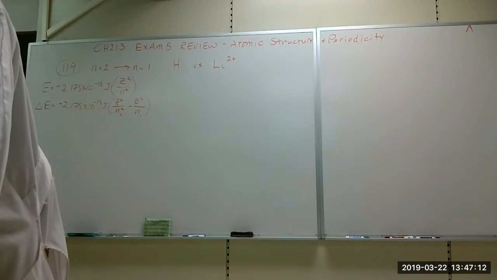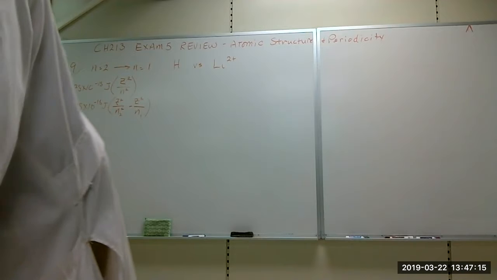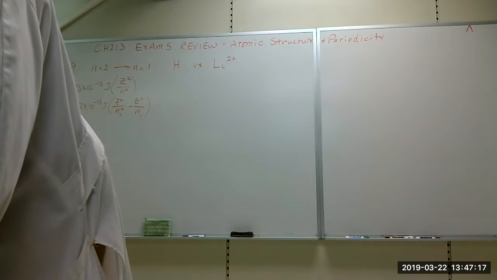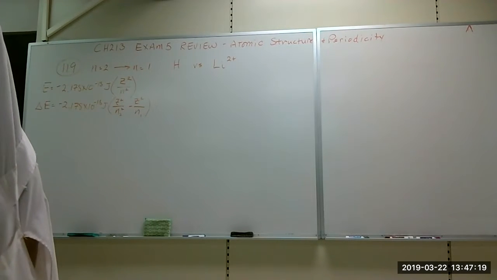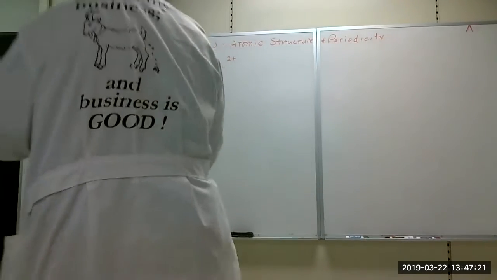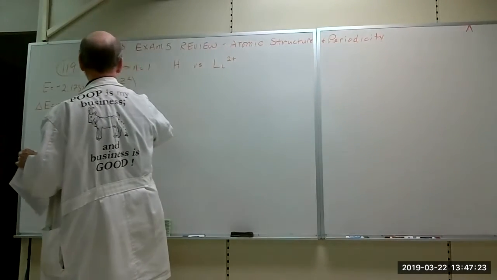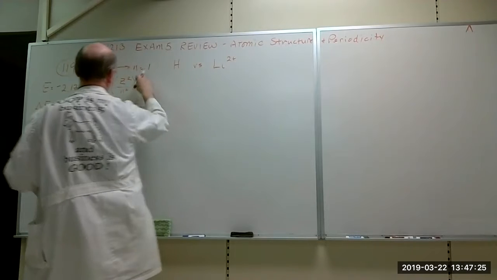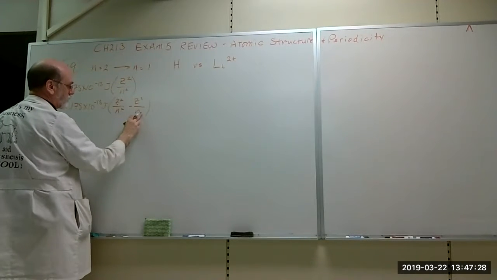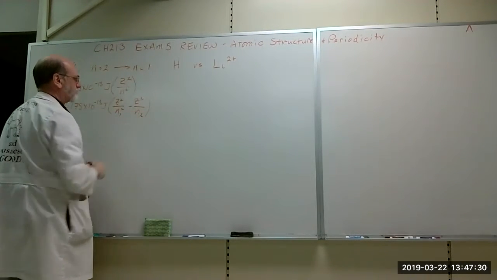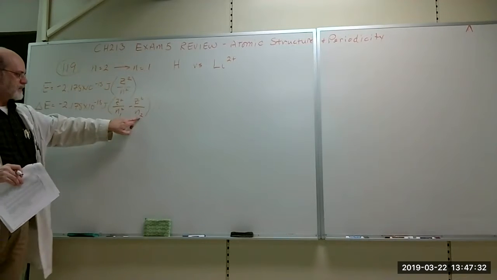The top number, the number of protons. So it's final state minus initial state. So if it's final state, then this should be 1 and that should be 2. Final state minus initial state.